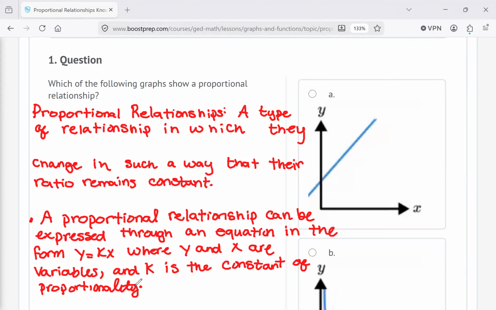Okay, so a proportional relationship can be expressed through an equation y equals kx, where y and x are variables and k is the constant of proportionality. I'm going to go ahead and pause the video if you need to. The last thing is, I'm going to write one more note, so go ahead and pause the video if you need to.